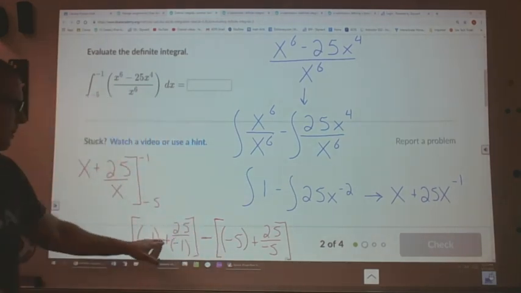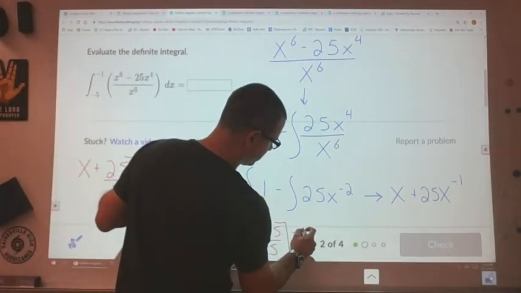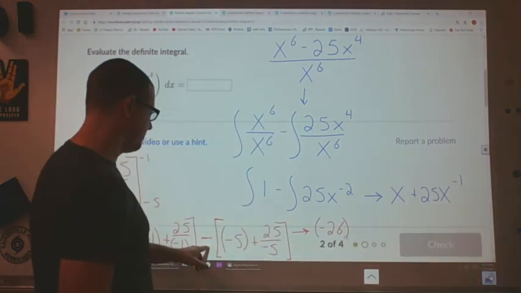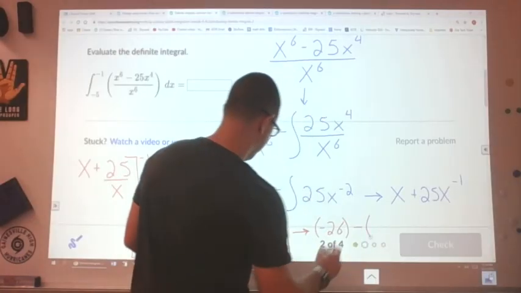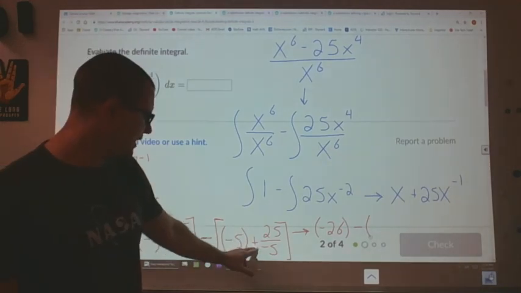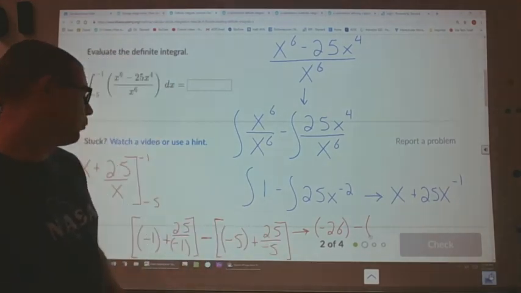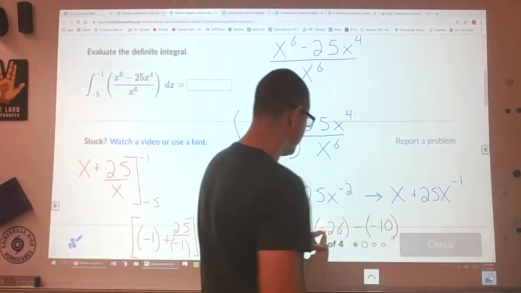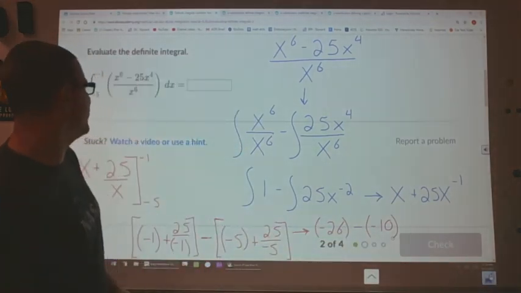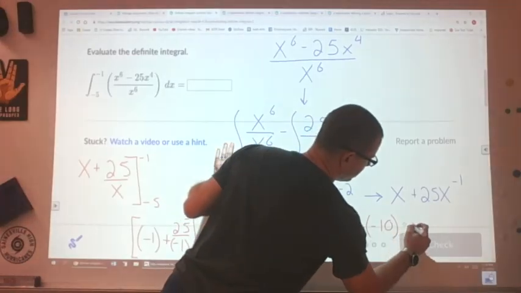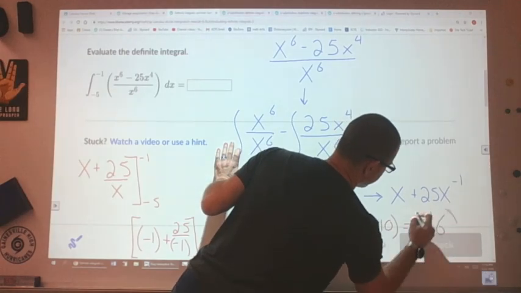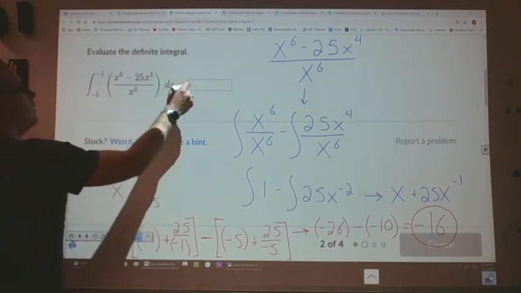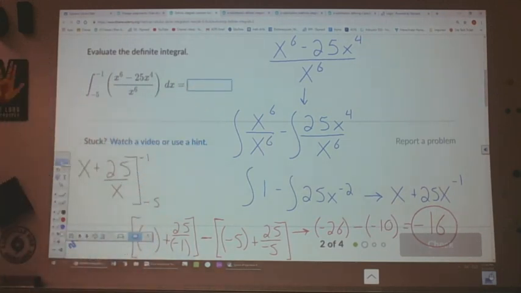That's negative 1 minus 25, so negative 26. And then minus negative 5 plus a negative 5, which would be negative 10. So I have negative 26 plus 10, it's going to be negative 16. And so that's what I put in. Negative 16.